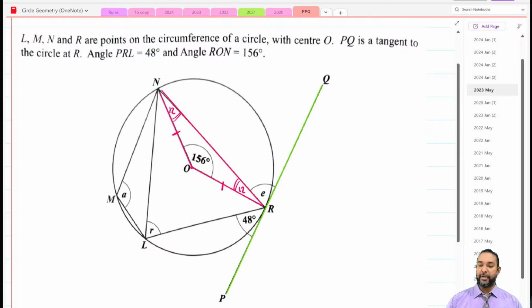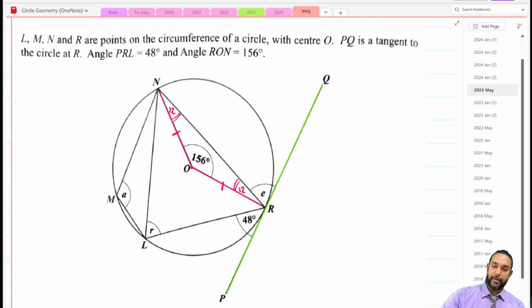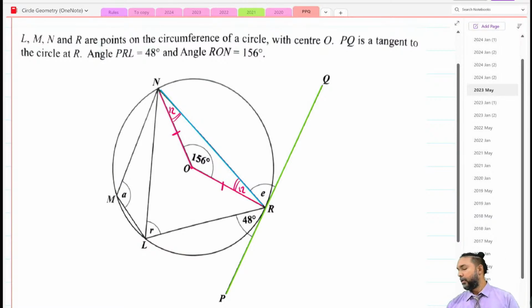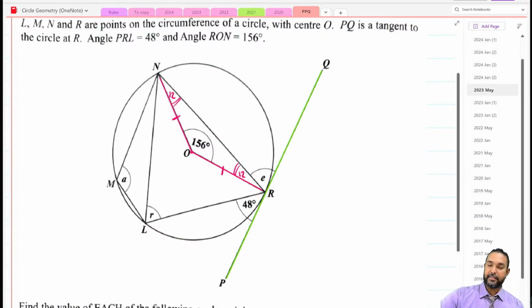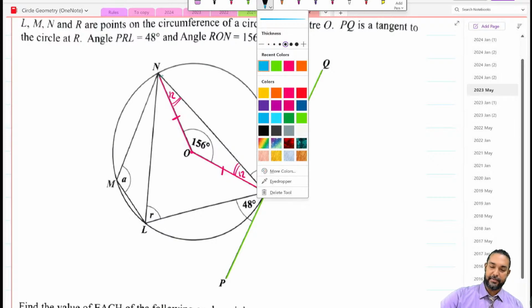All right, so we have some rules about tangents and certain lines. Let me take it back. I'm going to put this in a different color, a blue, and make it a slightly thicker line so it's easier to see.